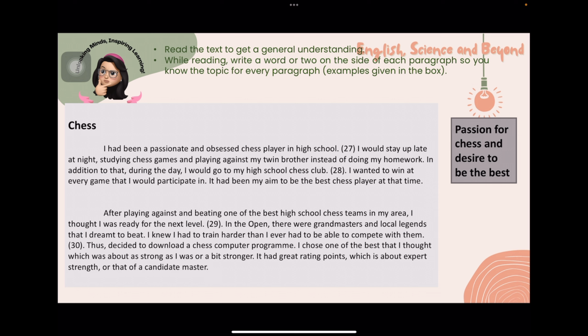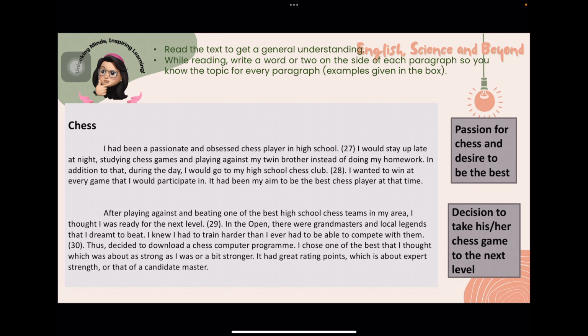Blank. Thus, I decided to download, I've missed an I here, I decided to download a chess computer program. I chose one of the best that I thought, which was about as strong as I was or a bit stronger. It had great rating points, which is about expert strength or that of a candidate master. So this paragraph is all about the decision to take his or her chess game to the next level.